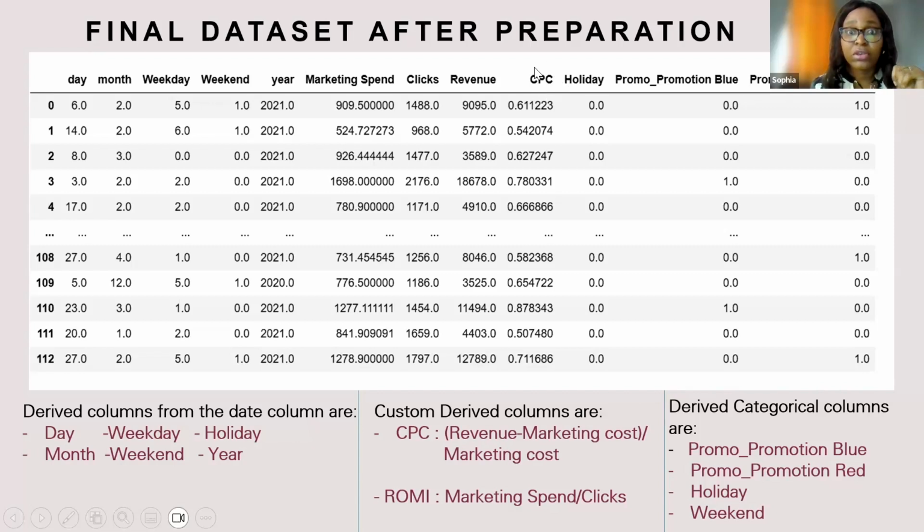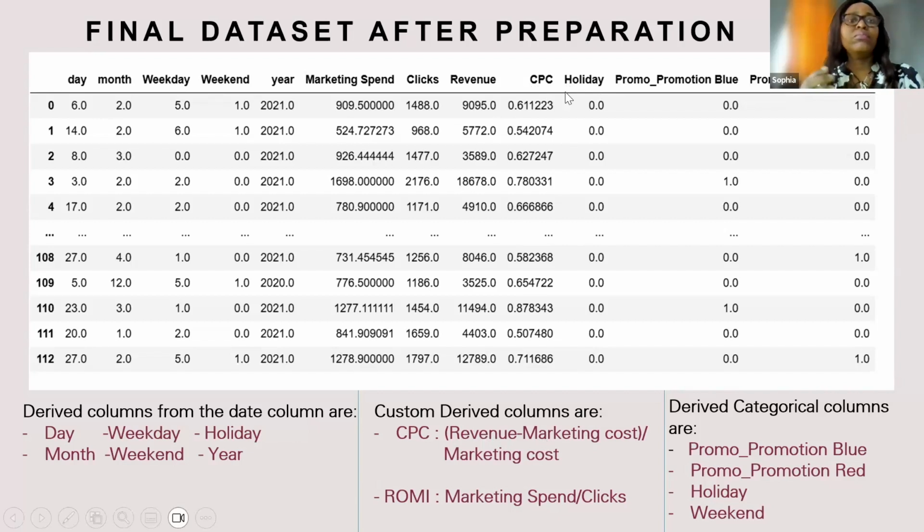We were told to obtain CPC, which was getting revenue minus marketing costs over marketing costs. This formula was already given to us in the project file.